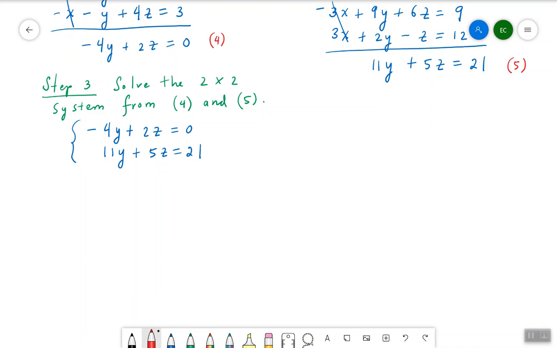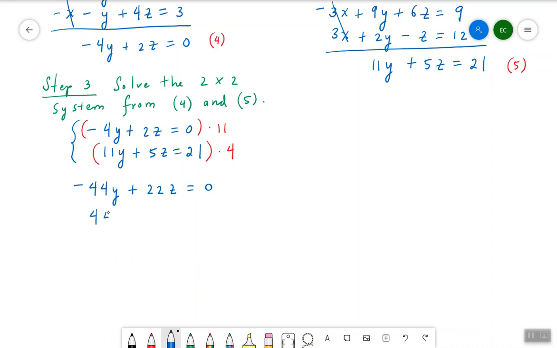We could multiply the first equation by 11, and we could multiply the second equation by 4, and that would eliminate the variable y. So we would get from the first equation negative 44y plus 22z equals 0.